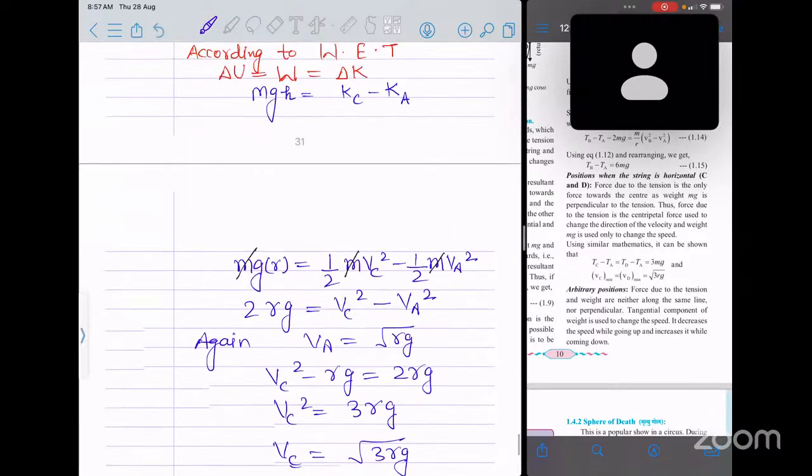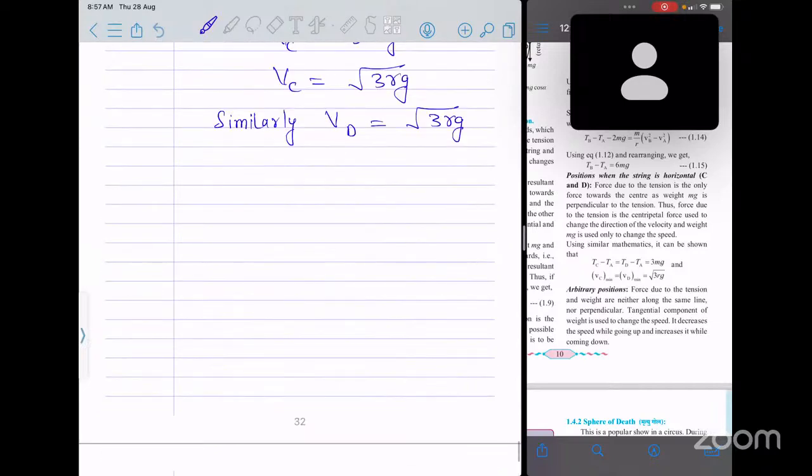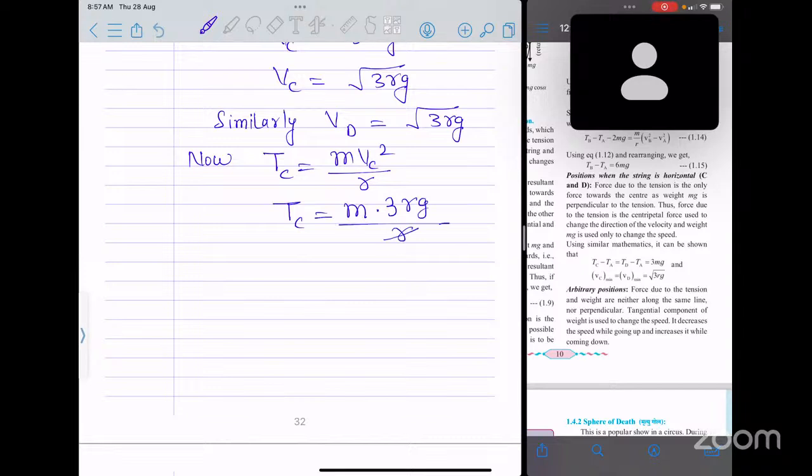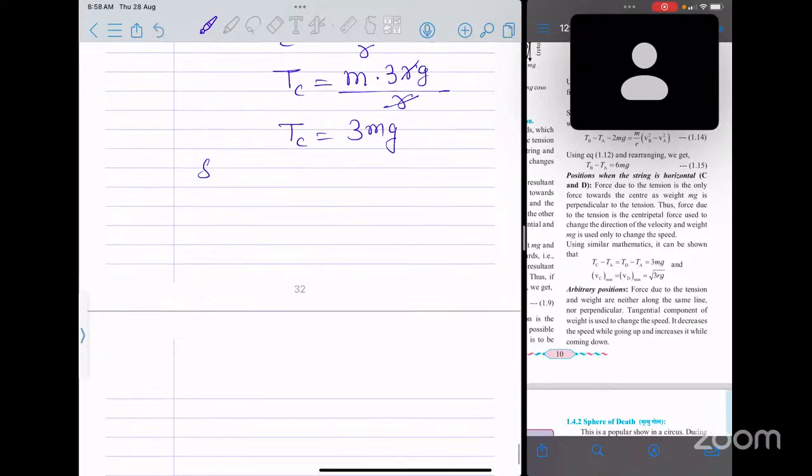Now look at tension T. Tension T is directly m VC square by R. So we can find the tension at point C: TC is m VC square by R. Substitute the value, VC square will become 3Rg divided by R. The R factor will cancel out, so tension at point C is 3 times mg. Similarly, tension at point D will also be 3 mg.